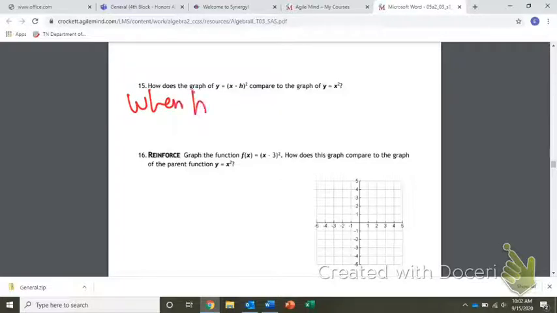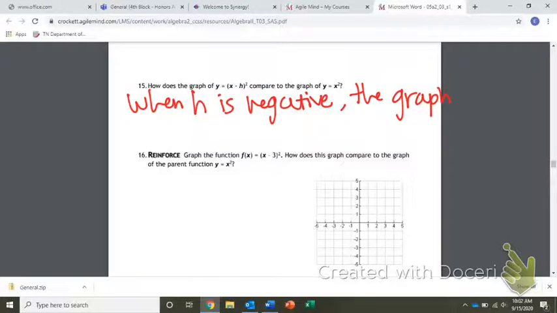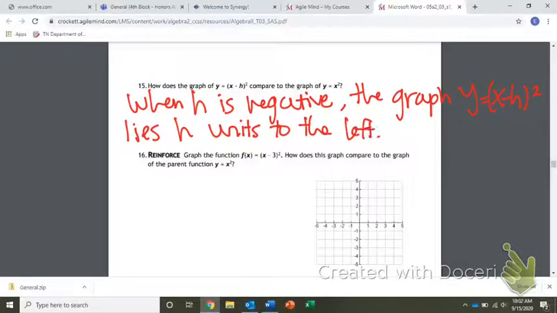When h is negative, the graph y equals x minus h squared lies h units to the left. Okay?